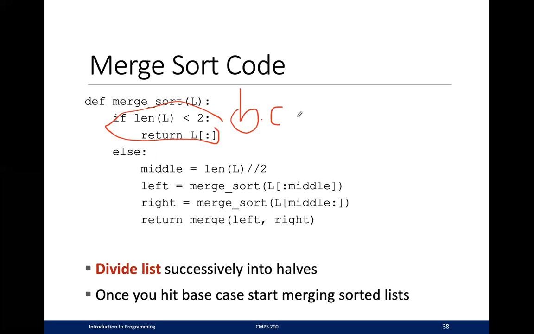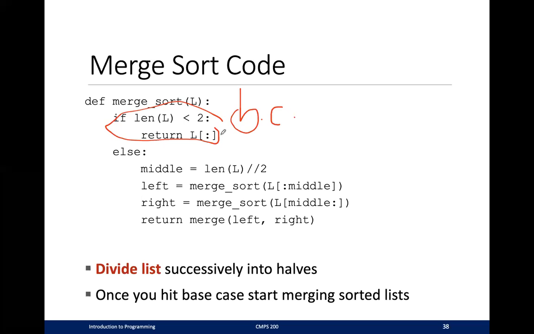So what is the base case? If L has less than two elements, so it's one element or an empty list, it's sorted. Just return the list. Here I'm returning a copy of the list, just to not change the list itself. By doing this, I'm cloning the list.